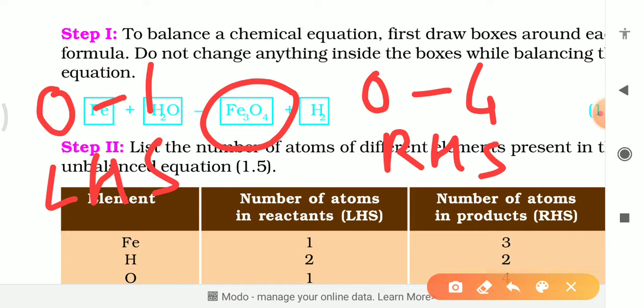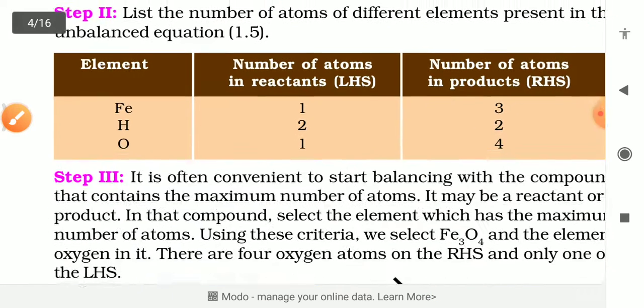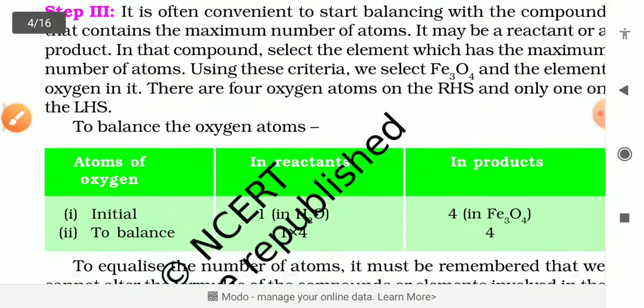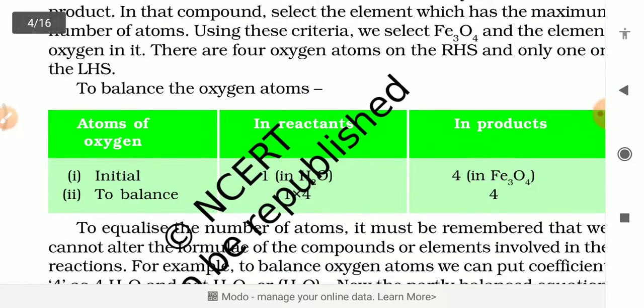This one is your unbalanced equation. Let's balance it. Now first of all we will balance the oxygen. In the reactants, initially oxygen has 1.